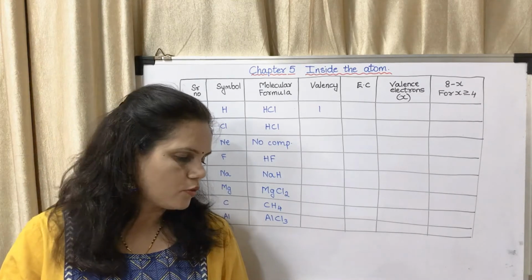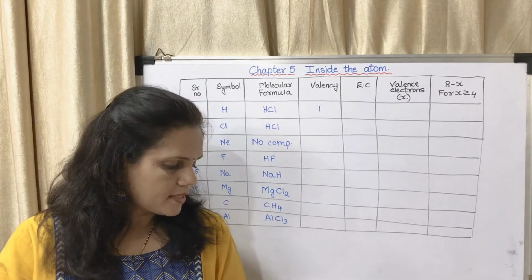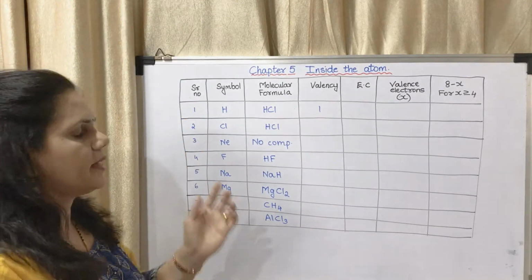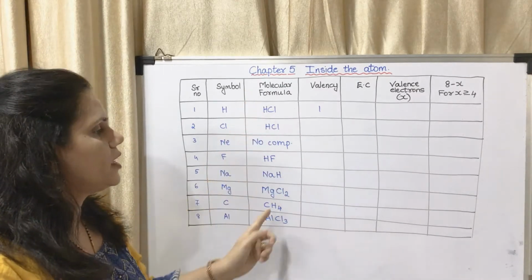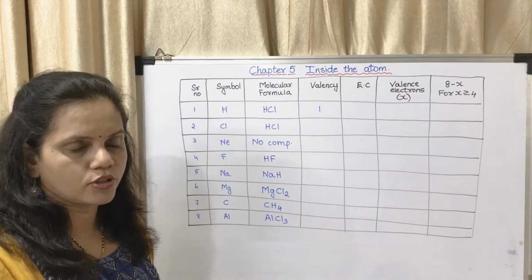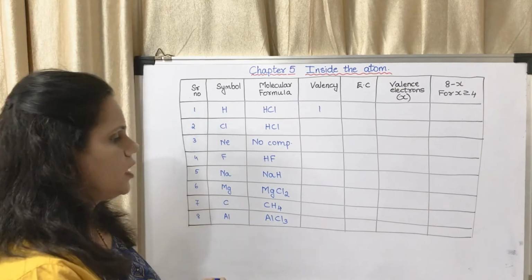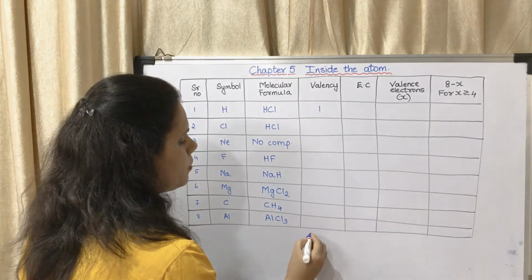Okay, now we may move on to the table on page number 35, figure 5.9. They have given some elements and the molecular formula of some compounds. Now, when you write the molecular formula of a compound, you will write the valencies opposite.